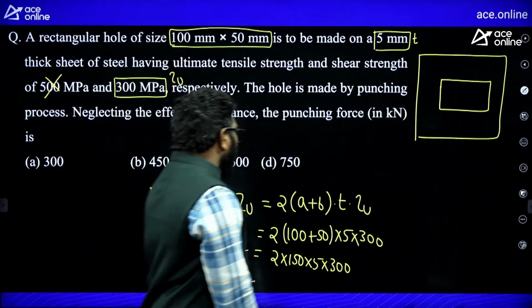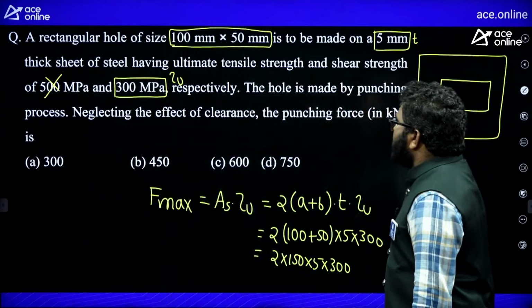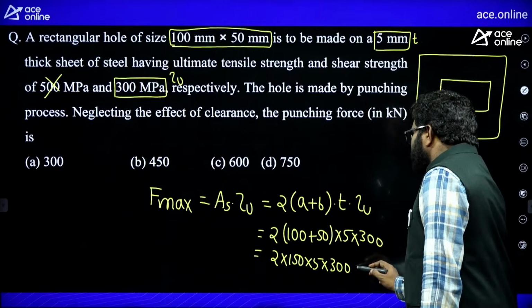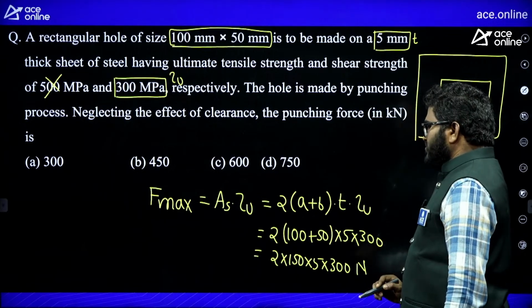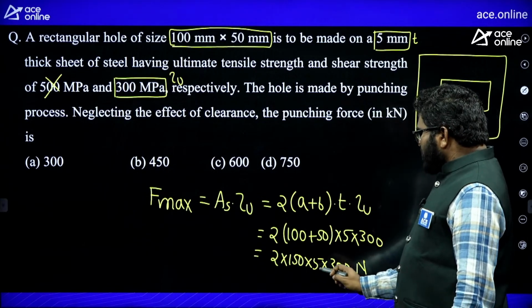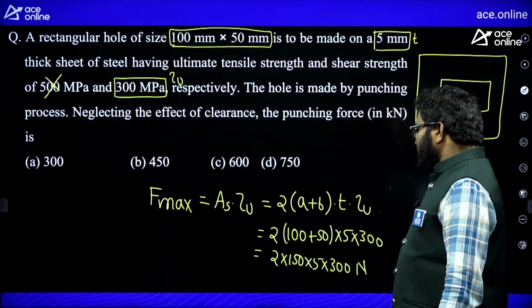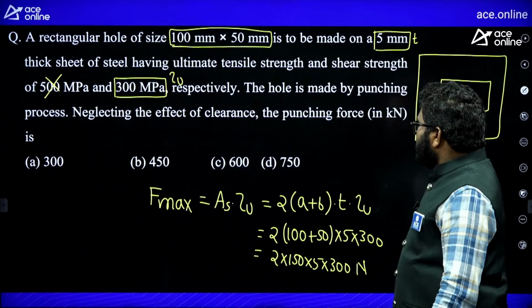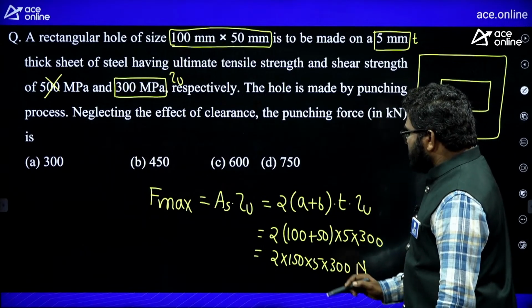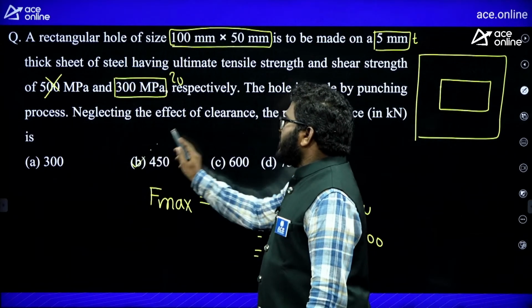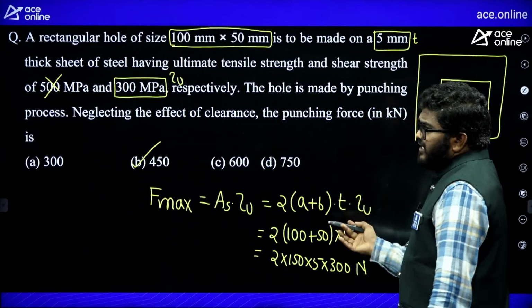Right, now approximately we'll get 450 kilonewtons as the answer. This is in terms of newtons. So remember, it's very simple. 30, 2 into 15 is 30, 5 into 3 is 15, 15 3 is 45. So you'll get the 450 answer without using a calculator.